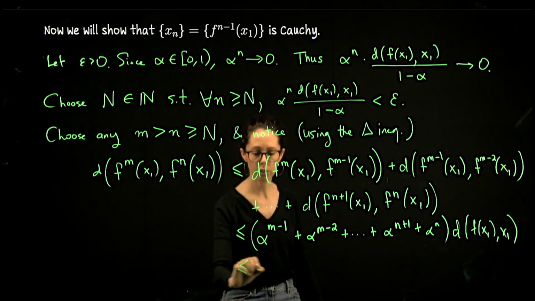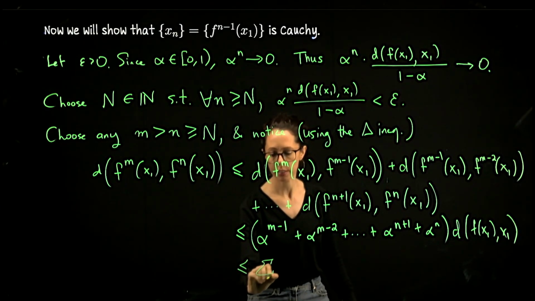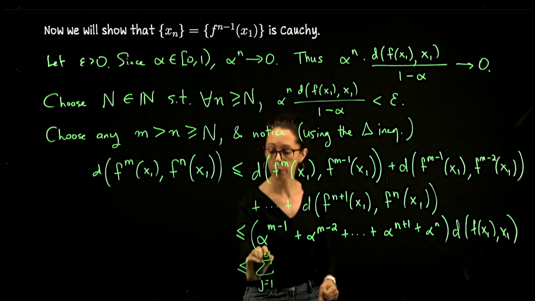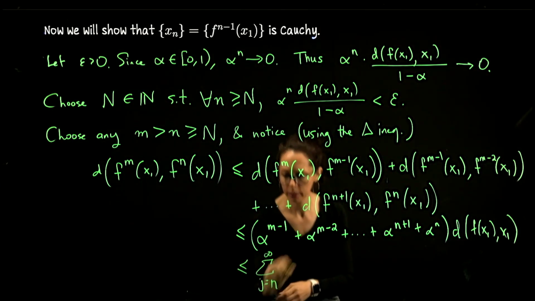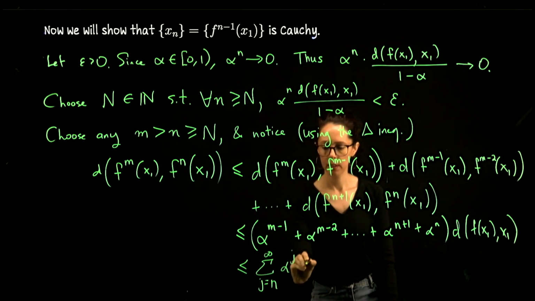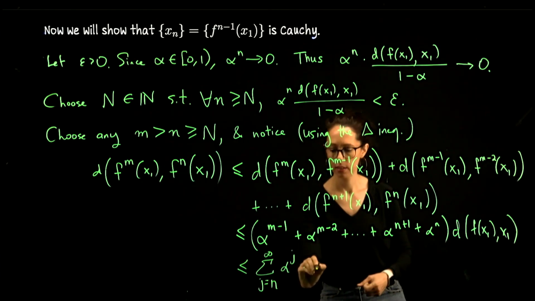So this is less than or equal to the whole geometric series, starting with n. So let me index with j equals n, that's important, j equals n through infinity, alpha to the j, times this.